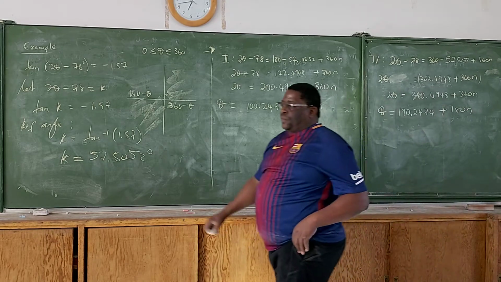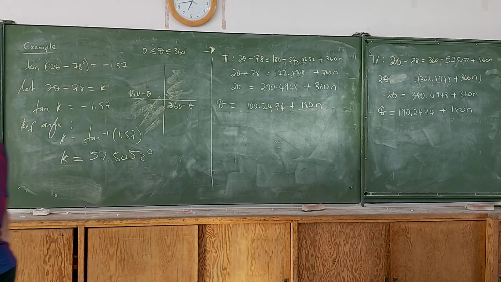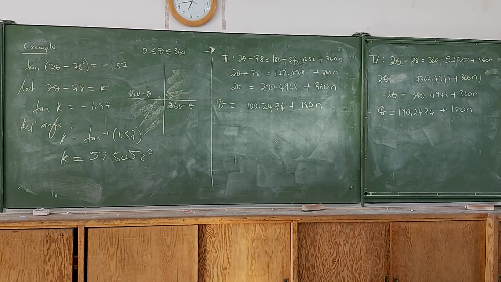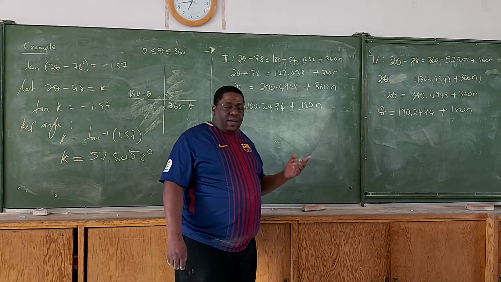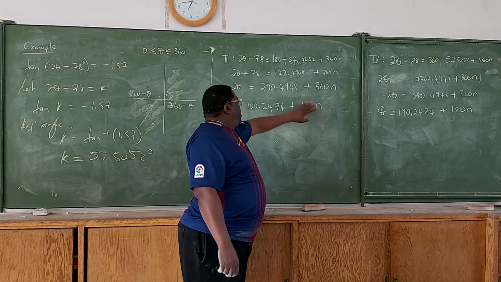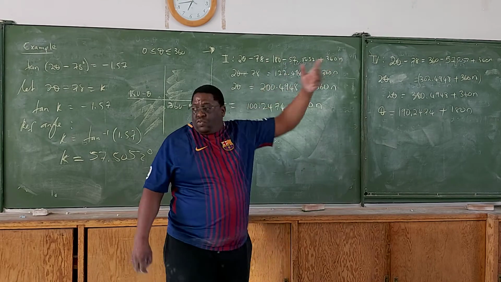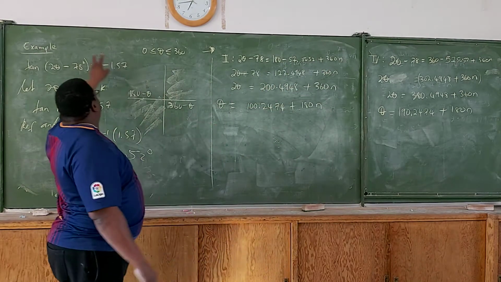General solution. Because if you put a 1 there, it will be less. Right. So we expect quite a lot. How many answers? 1, 2, 3, 4 answers. Okay. So let's start with n equals 0. The reason I'm going to use n equals 0 is because 100 and something will be part of my solution. It will fit in my original domain.